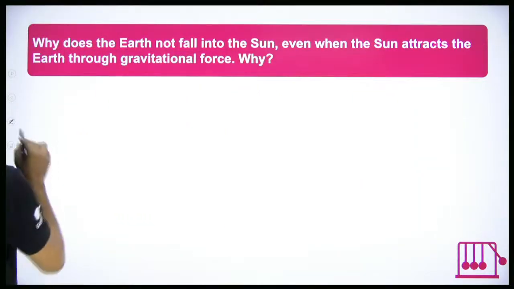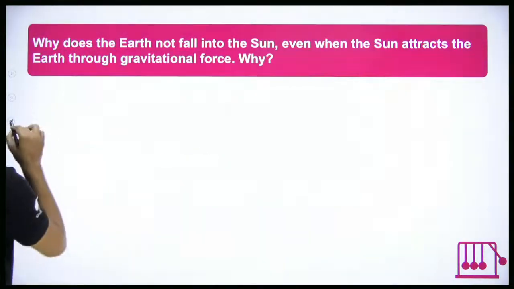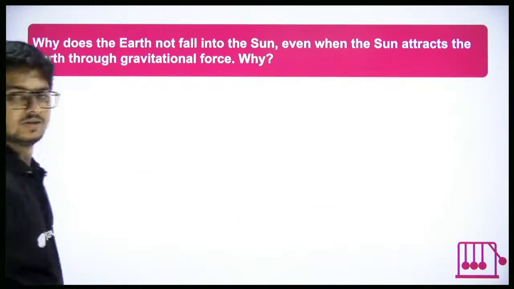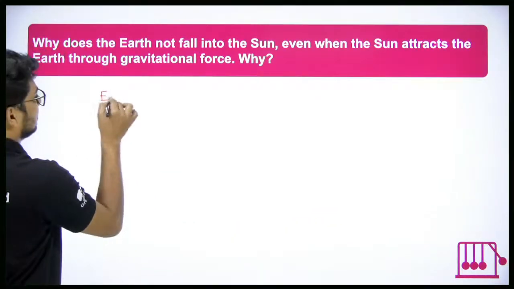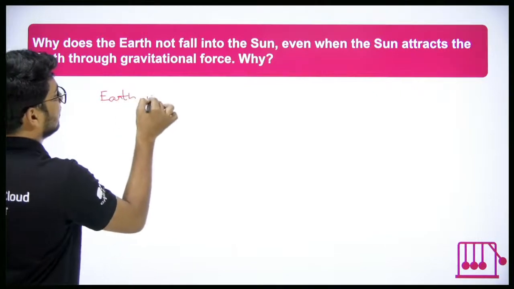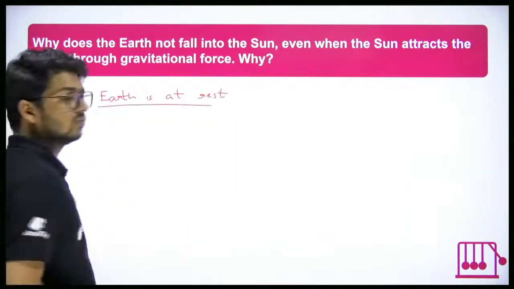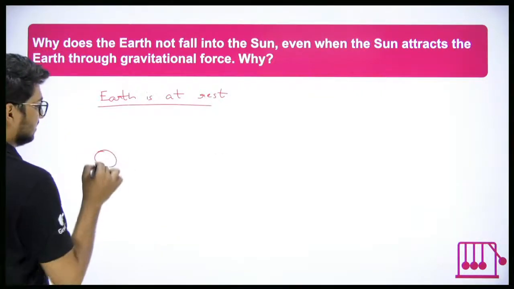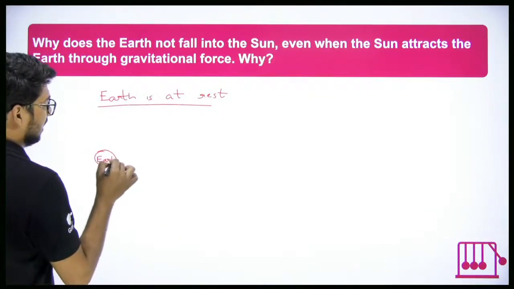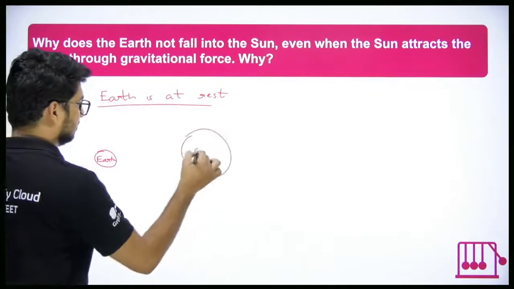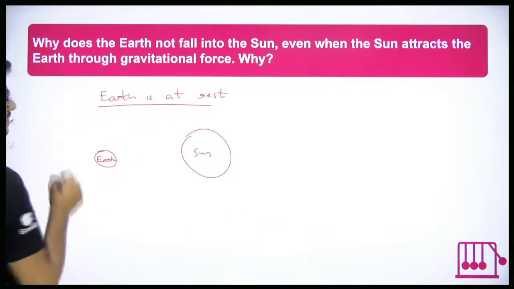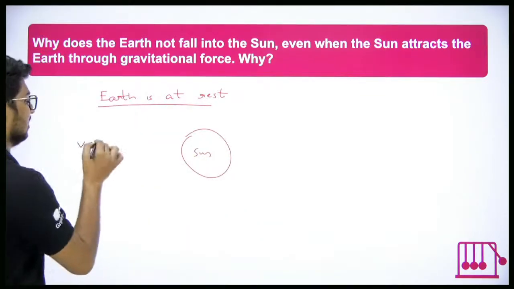Let me explain. For that, let's compare two cases. So let's say first Earth is at rest. Just imagine Earth is at rest. A hypothetical scenario. So let's say this is Earth, and let's say this is Sun. And in this case, when the Earth is at rest, its speed is 0.